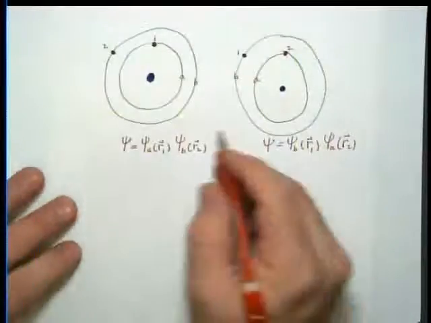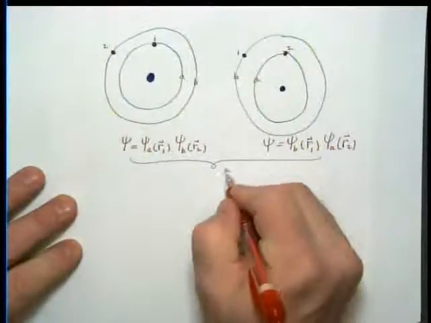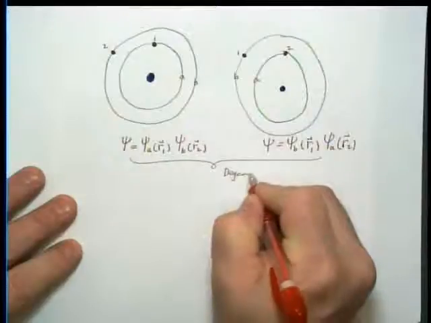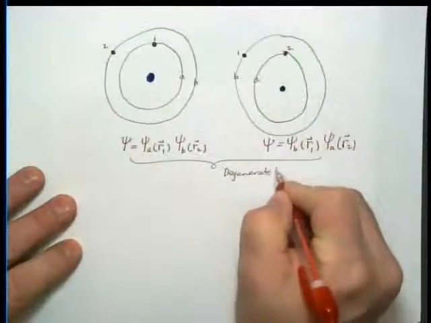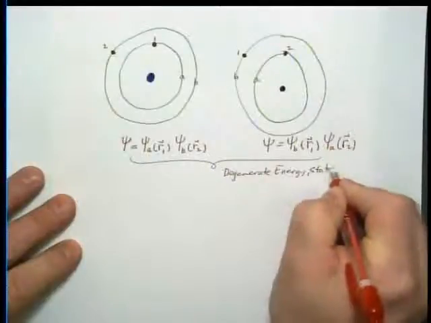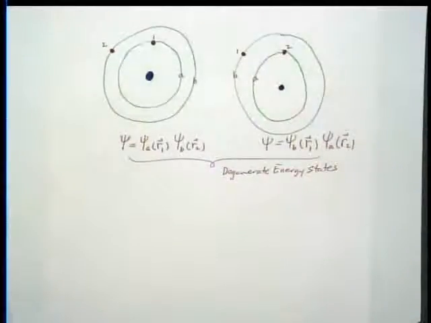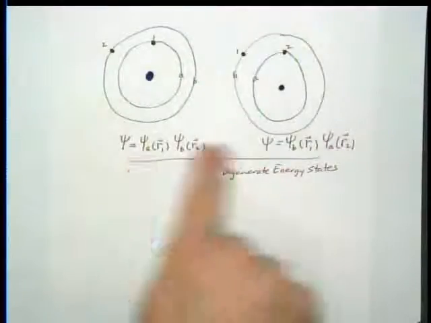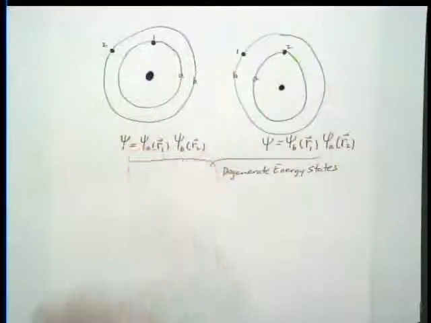These are degenerate states. You can't tell the difference. They have the same energy. They're indistinguishable. Give us the same sort of information back. Okay? How do you get from this to this? You just flip the coordinates.